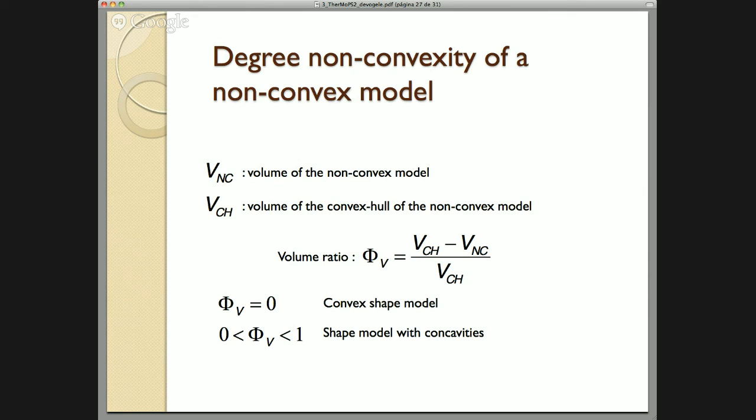This volume ratio will have a value of 0 if the shape is convex, because the convex hull will be exactly the same as the original shape. And if the shape model contains some concavities, it will be between 0 and 1, closer to 1, because 1 is quite impossible, but there is no clear lower value.